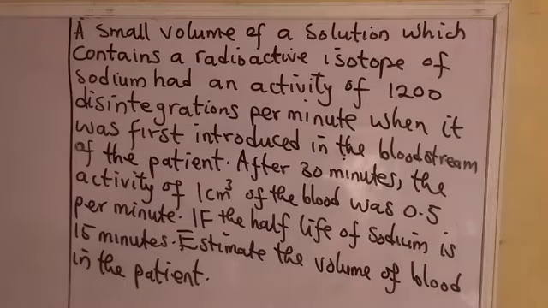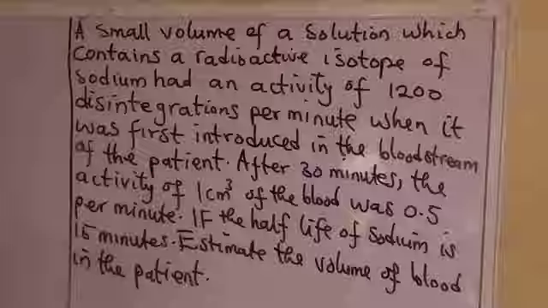So here is a question for us to solve, okay? It's a question on radioactivity. It says a small volume of a solution which contains a radioactive isotope of sodium had an activity of 1200 disintegrations per minute when it was first introduced in the bloodstream of the patient.